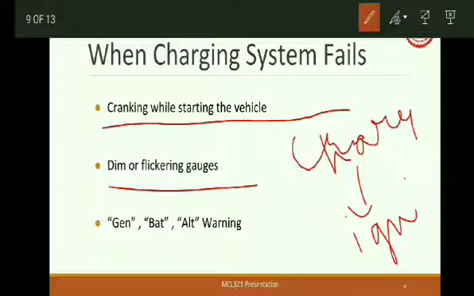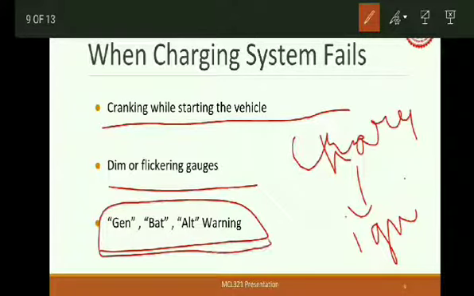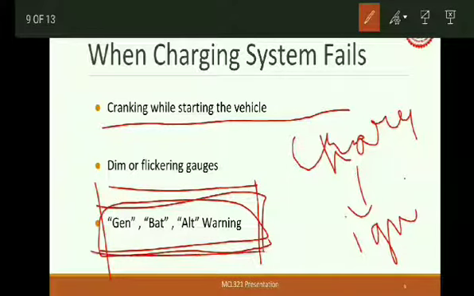There are dim or flickering gauges, and headlights that are dim or not working properly. These are very normal things that a user can understand. There are also GEN, BAT and ALT warnings that the system gives.